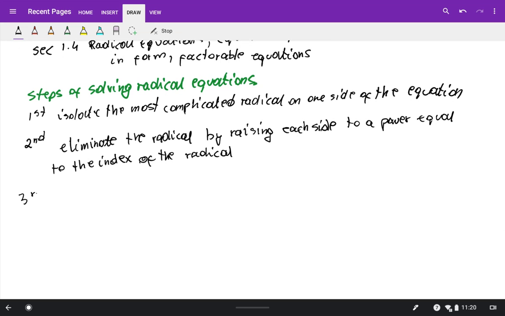Step number 3, always check your solution, especially here, by plugging them in the original equation.